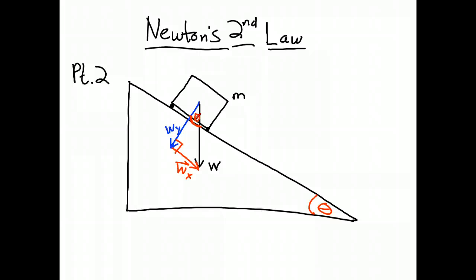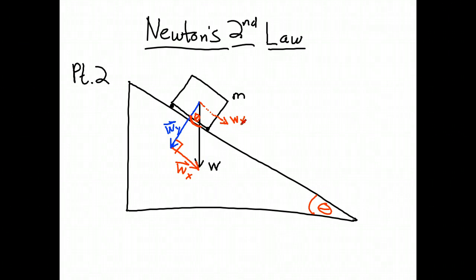The reason I draw the vectors the way I do, Wy and Wx, is because Wx is actually pointing down the incline. So if you were asked the question, what is actually causing the object to go down the incline, you should probably be specific and say Wx.